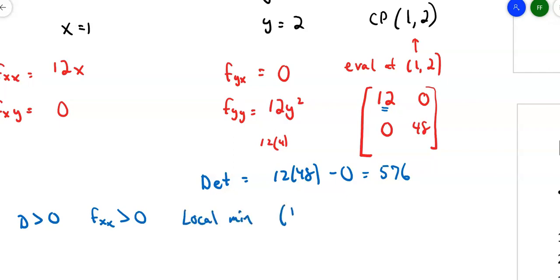Local min at (1, 2), and then we can fill in the third value by going back to the original function and finding f of (1, 2). I will leave that to you rather than just sitting here while I punch numbers into a calculator, but that's what you do. If you want the actual min, it's going to be (1, 2), and then whatever that thing is up there.